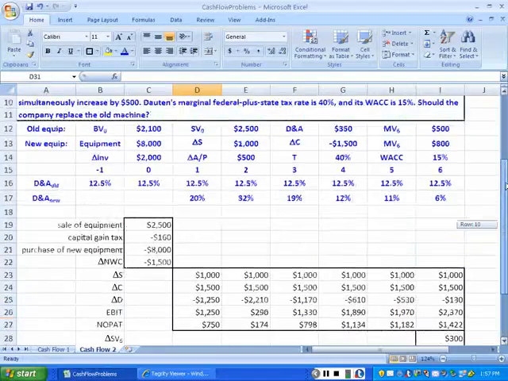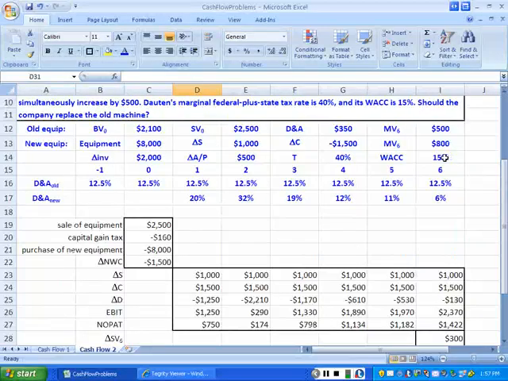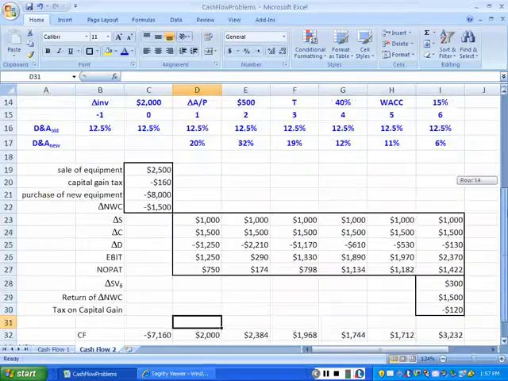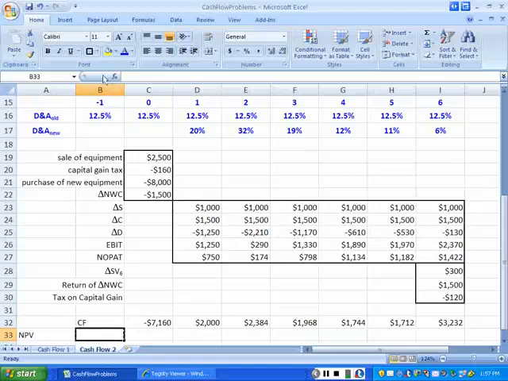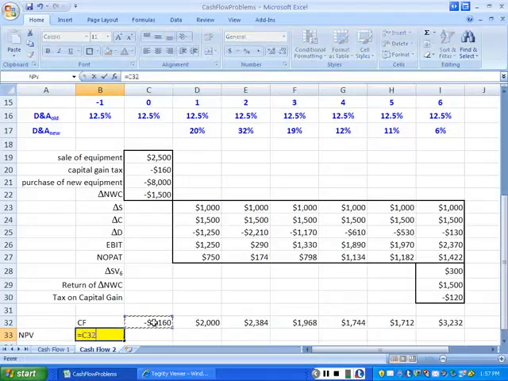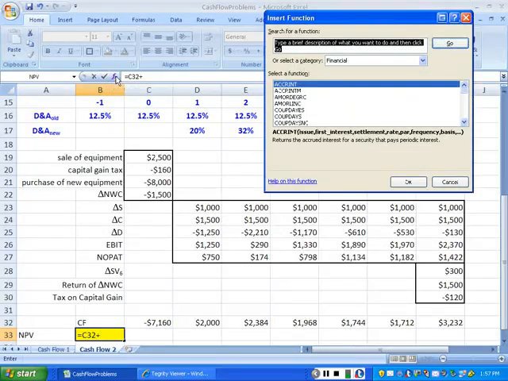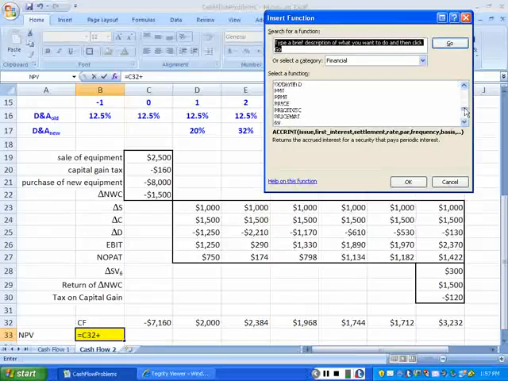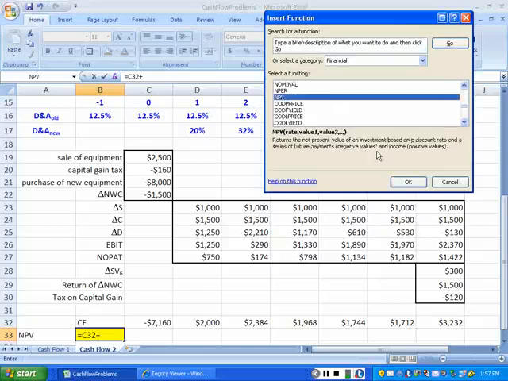Here what we're looking at is we've got a weighted average cost of capital of 15%. And we're asking the question here is, do we have a positive net present value? In other words, is the time zero cash flow outlay of $7,160 worth it? And so we'll go up here to the function wizard under financial, and we'll choose the NPV function.